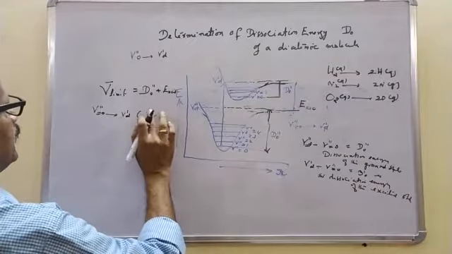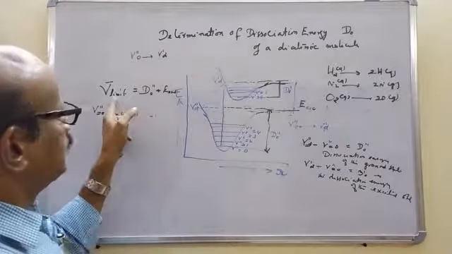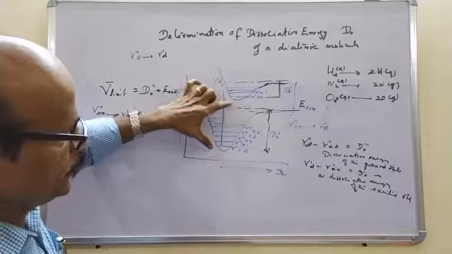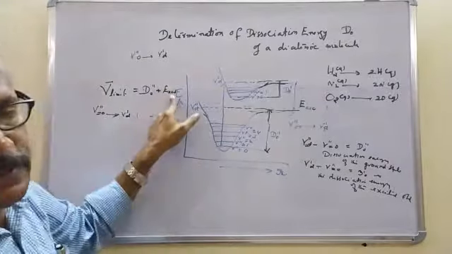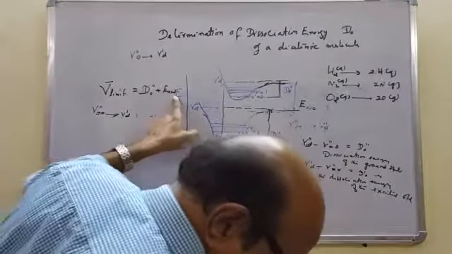The ν̄ limit can be measured from the electronic spectroscopy, so we get this value from electronic spectroscopy. And the E excitation can be measured from the atomic spectroscopy.